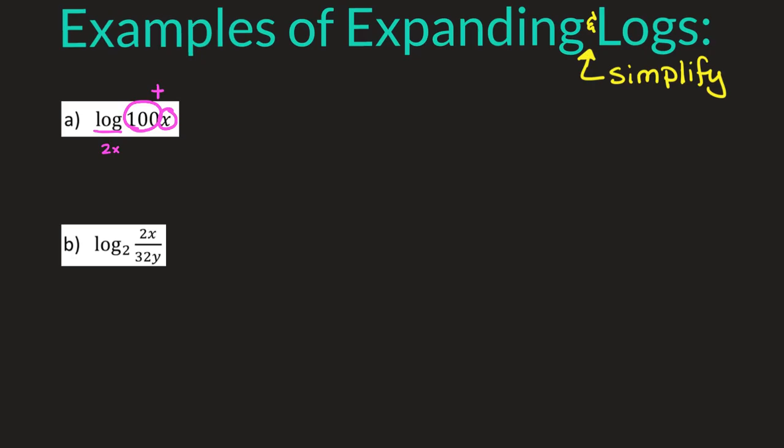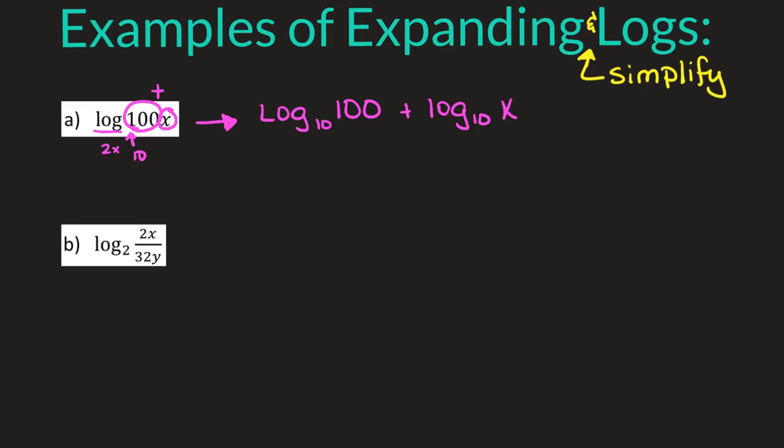It's not here, but we know that the base is going to be a 10. I'm going to write the base as 10 just so you can see it, and I think it'll make sense to a lot more people. So we're going to have log base 10 of 100 plus log base 10 of x.